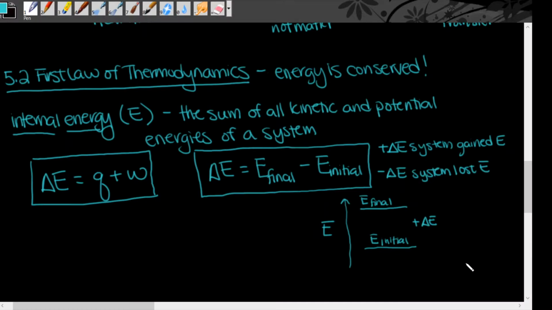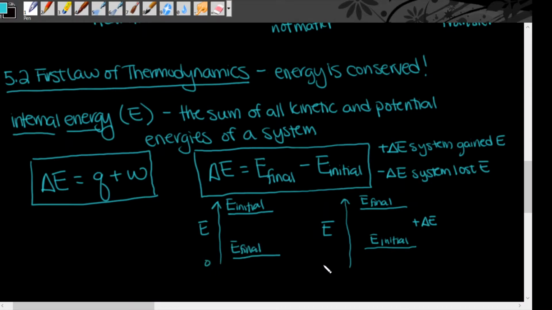And of course, the opposite could also be true, where we have an energy diagram that looks like this, where we've got increasing energy on my y-axis. And if my initial energy state is up here with a higher amount of energy, and my final energy state is down here with less energy, right?